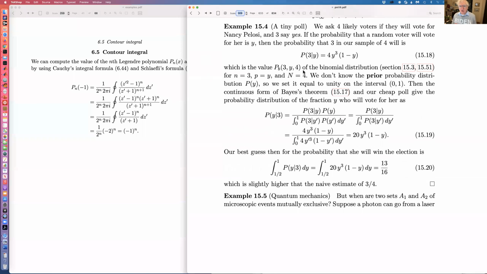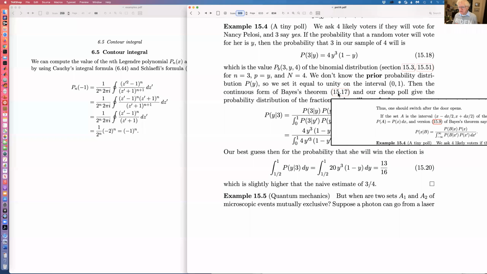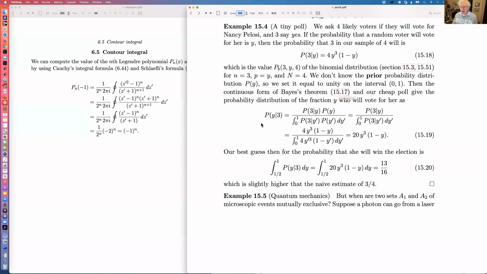Now what we don't know is the prior probability distribution, P of Y. So we don't know what that is, so we set that equal to unity on the interval 0 to 1. And then the continuous form of Bayes' theorem, which was that, and our cheap poll give us a probability distribution for the fraction who will vote for her.